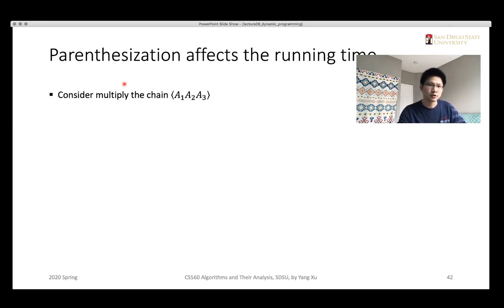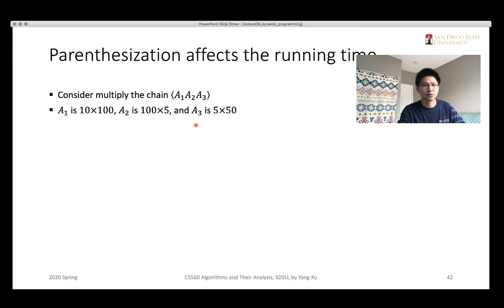So let's consider a short chain which just consists of three matrices, A1, A2, and A3. And we assume that they are compatible. A1's dimension is 10 by 100, 10 rows and 100 columns, A2 is 100 by 5, 100 rows and 5 columns, and A3 is 5 rows by 50 columns. As you can see, 100 equals 100 here, and the 5 matches the 5 of A3, so they are compatible.